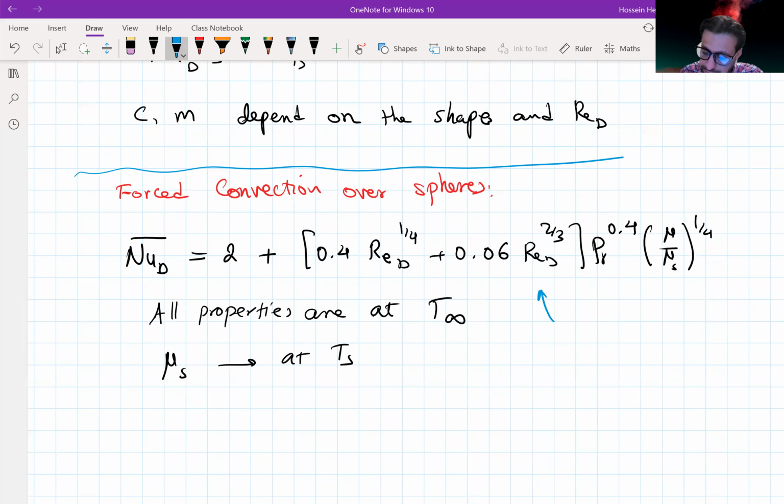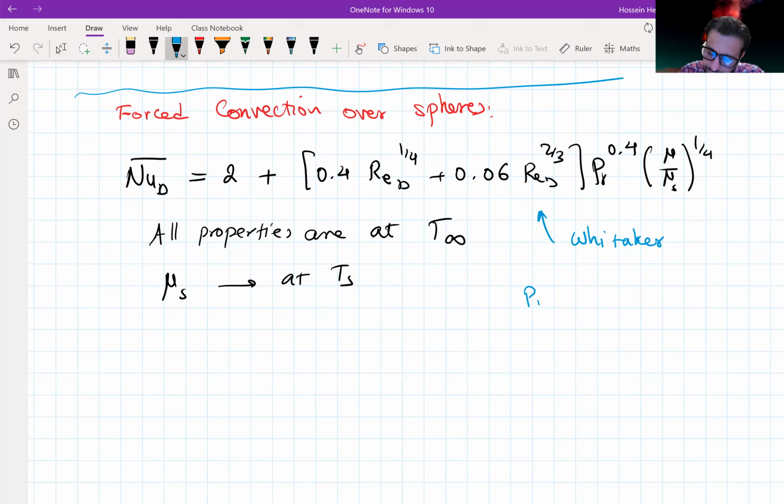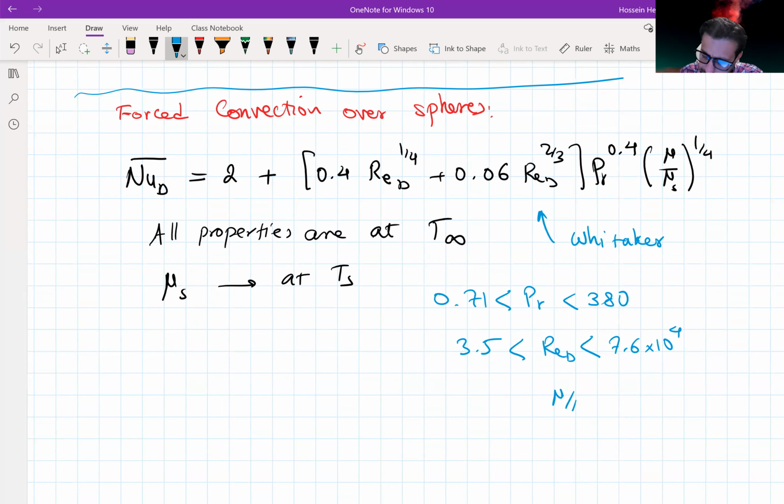This equation, which has been developed by Whitaker, is valid for Prandtl less than 380 and greater than 0.71, Reynolds number less than 7.6 times 10^4 and greater than 3.5, and a viscosity ratio between 1 and 3.2.